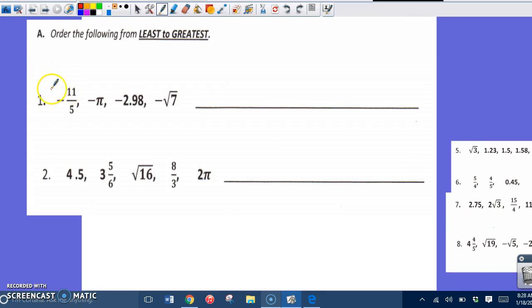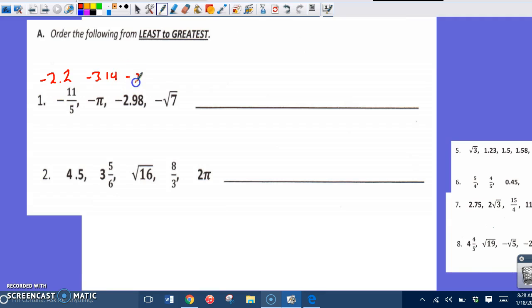If I change this to a decimal, again, watch the other videos to learn how to do this. This number is negative, so negative 2.2. Pi, as you know, is 3.14. So I'm going to change this one to negative 3.14. This one is already a decimal, so I'm just going to keep that number the same.